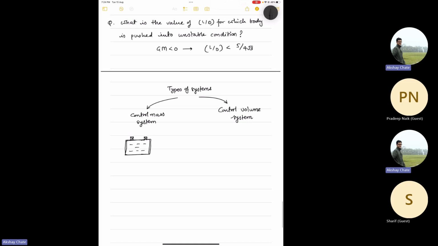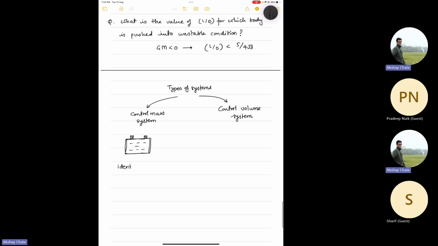The correct definition is that the identity of the system mass must be the same. What I mean by identity is, if you have 1 kg of water in the tank, it should remain 1 kg, but the number of molecules and the type of molecules inside this tank should also remain the same.